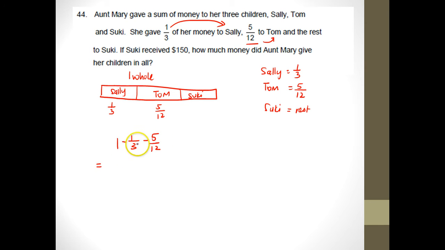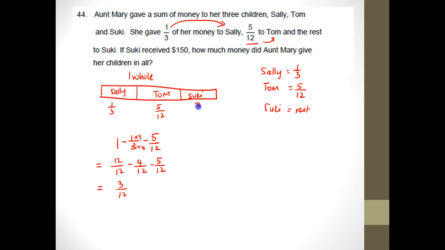Okay, so I need to make sure that my denominator is the same. So my 1/3, I multiply by 4, I will get 4/12. 12/12 minus 4/12 minus 5/12, I will get 3/12. 4/12 plus 5/12 is 9/12. 12/12 minus 9/12 is 3/12.